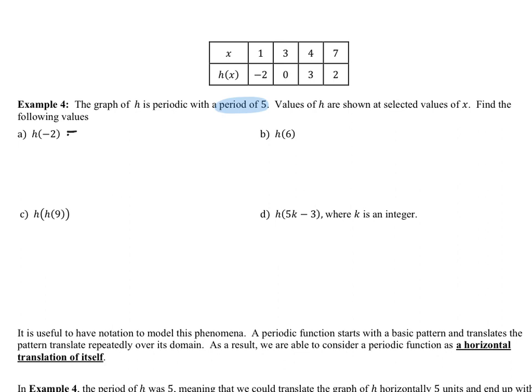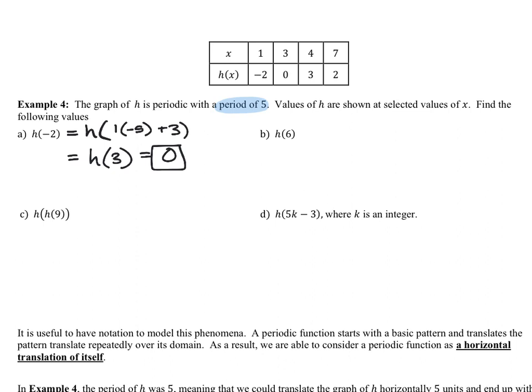So if I'm doing this like I did on the front, this would be h of what times 5? Okay, I heard 1 times negative 5. Cool. Which would mean I'm at negative 5. My pattern starts repeating. What do I have to add at the end? Plus 3 again. So we're saying that this is the same as h of 3. Well, h of 3 is in my table. What is h of 3? 0.